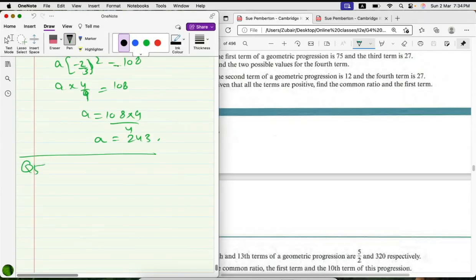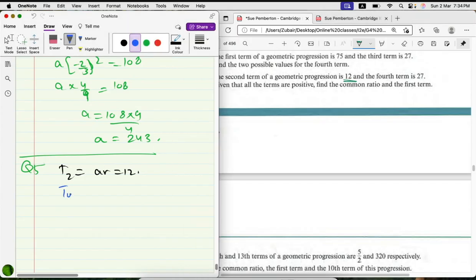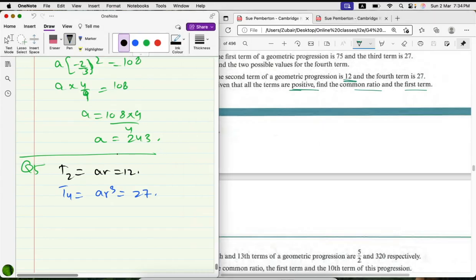Question 5. T2, that is AR, is equal to 12. And the fourth term, T4, is equal to AR cube, which is equal to 27. Given that all the terms are positive, find the common ratio and first term, R and A. AR cube over AR is equal to 27 over 12, and R square is equal to 27 by 12.